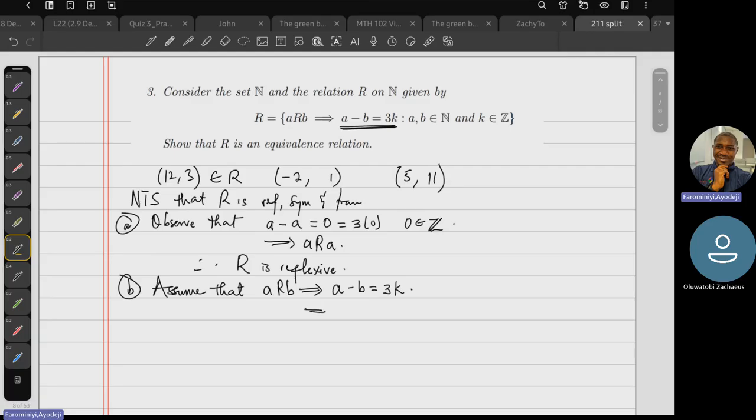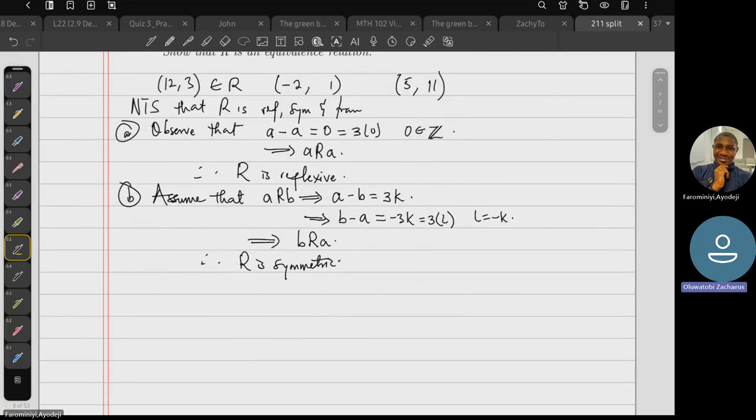But do you agree that B minus A will be equal to negative 3k, which is equal to 3 times L, where L is negative k? Does that make sense? And what does this mean? This means that B is related to A. Therefore, R is symmetric.